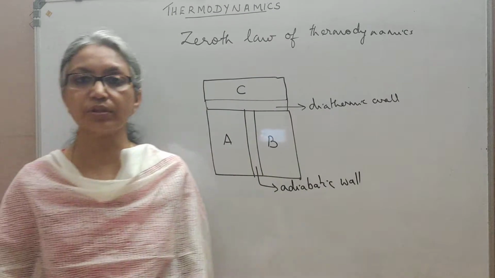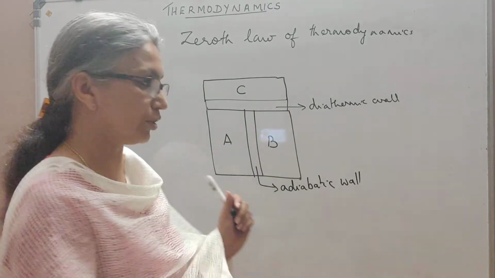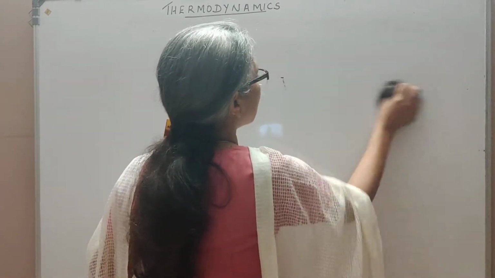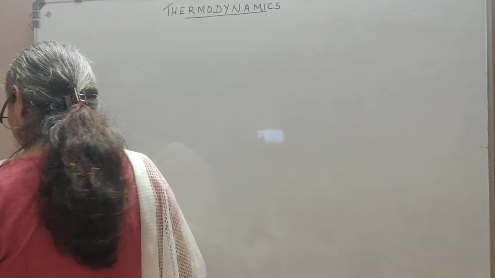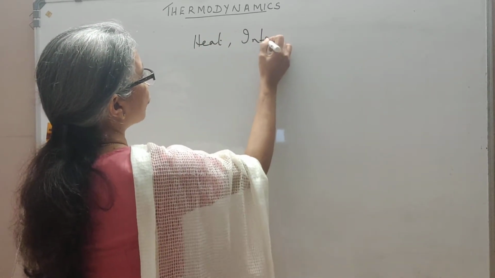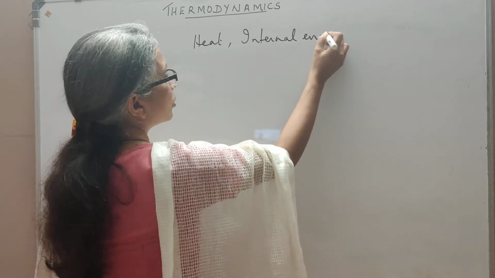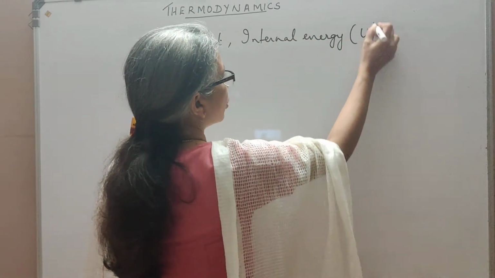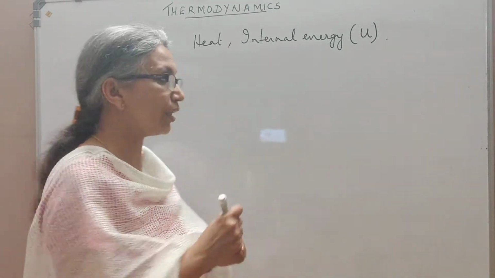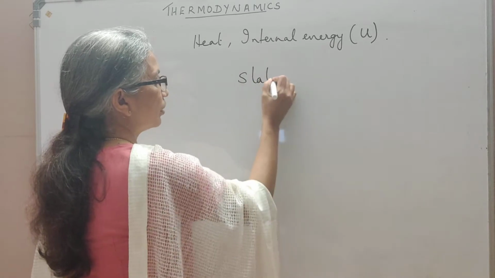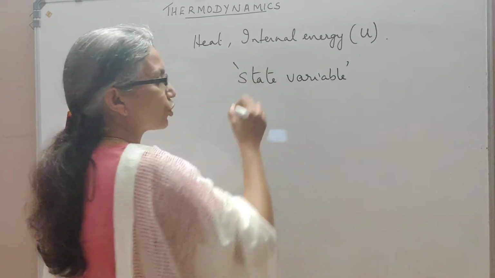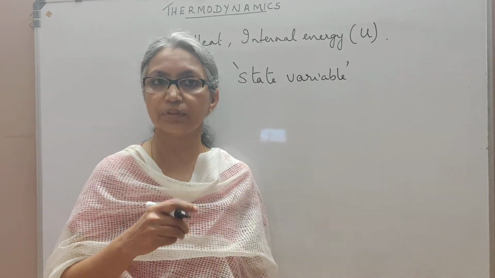After this, we go on to discuss heat and internal energy, and how they are different. Internal energy of a system is denoted by the letter U. Internal energy is a state variable, like the pressure, volume and temperature of a gas.